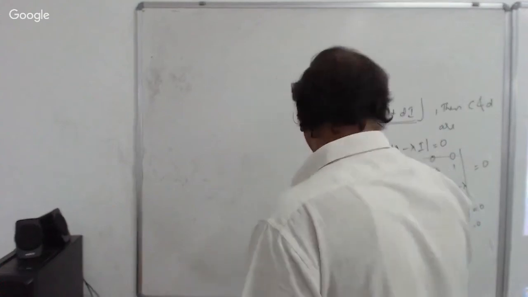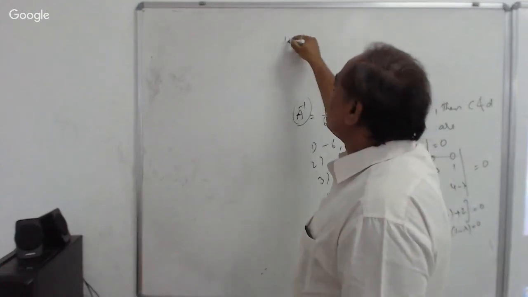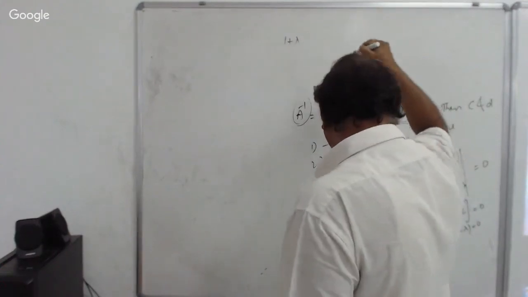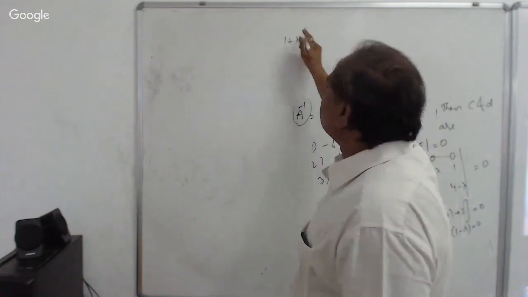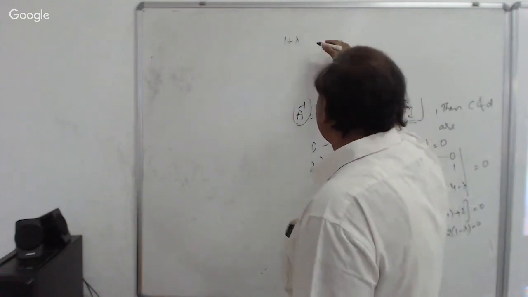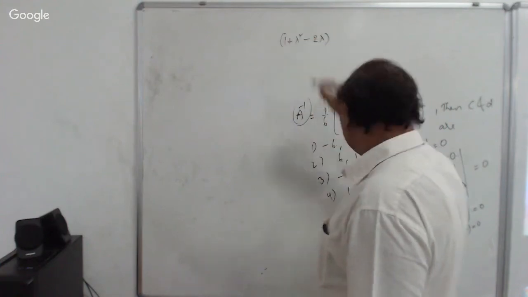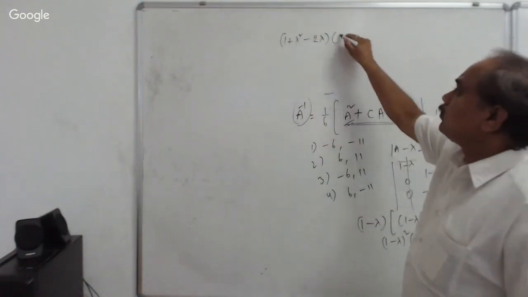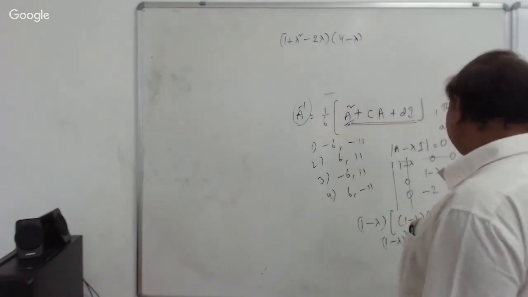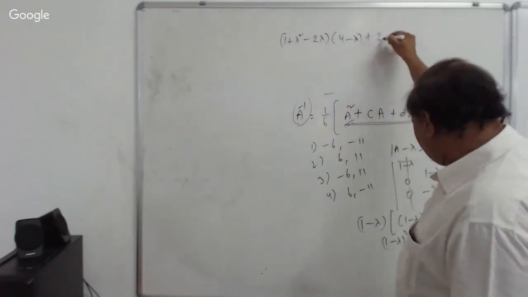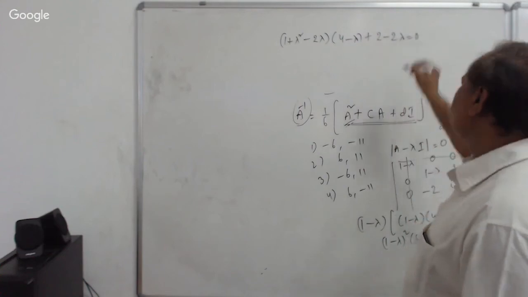Now that becomes 1 minus lambda whole square, which is 1 plus lambda square minus 2 lambda, into 4 minus lambda plus 2 minus 2 lambda equal to 0.